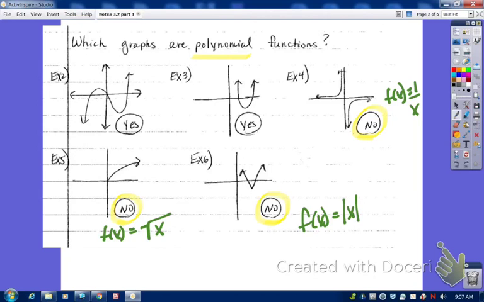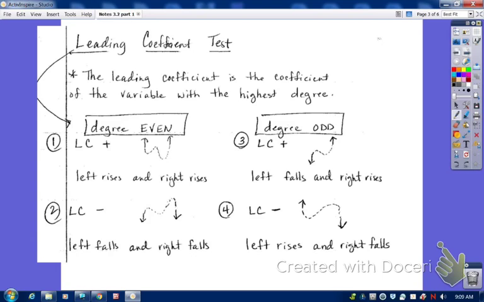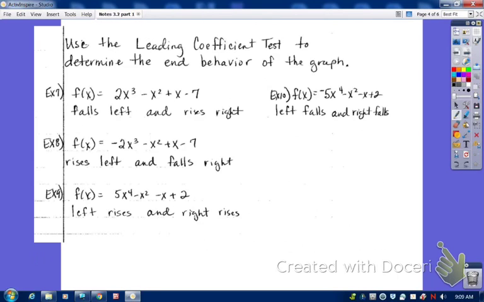Now we're going to talk about something that's really, really important. This is something that you're going to hear later on in your other math classes. It's called the leading coefficient test. Before I go through the leading coefficient test, let me page over to examples 7, 8, 9, and 10, just so you can have some examples of polynomials.